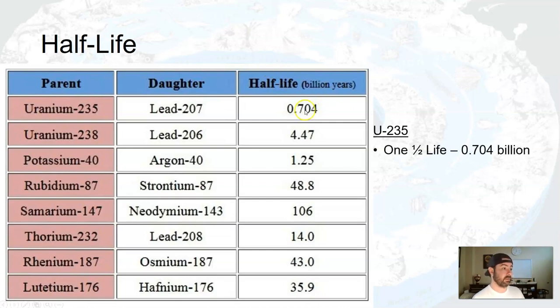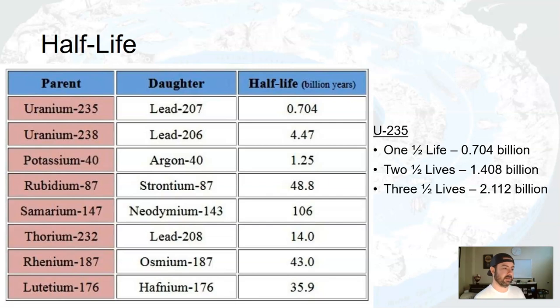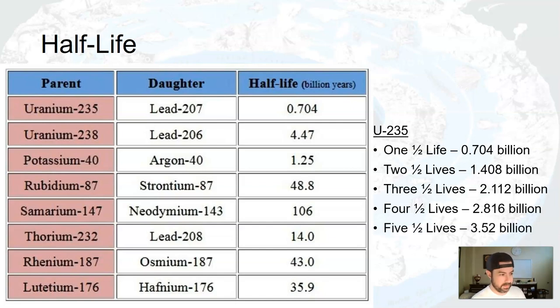So that's after one half-life. Then half of whatever's left of the uranium, if that decays, that's 2 half-lives, so 1.4 billion. Then half of what's left decays to daughter product, that's 3 half-lives, 2.1 billion. Half of what's left decays, 4 half-lives, 2.8 billion years, and then 5 half-lives, 3.5 billion years.